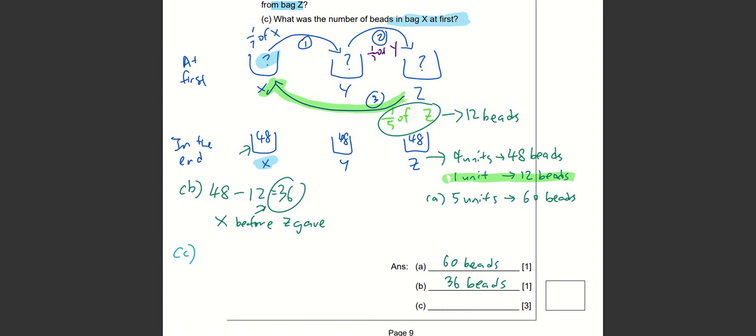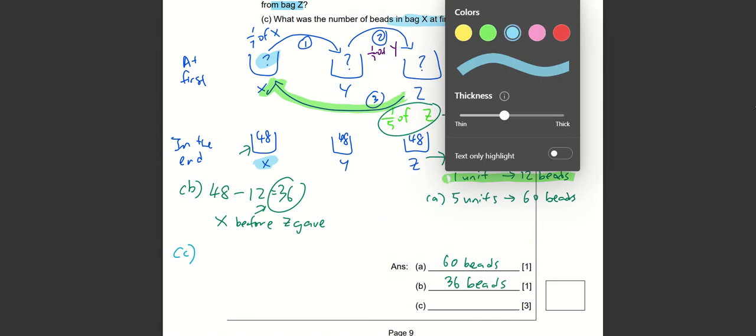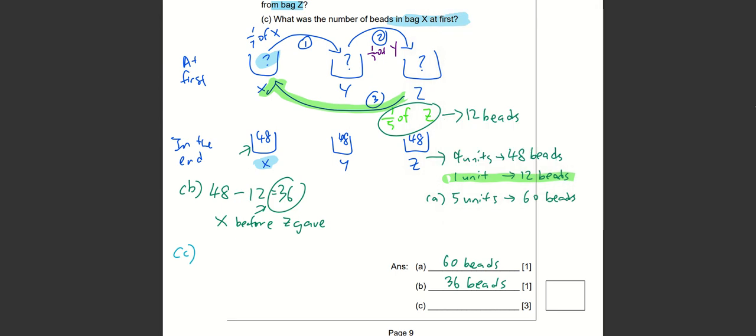Okay? Okay, so working back, I need to go back to step numbers. Let's look at these steps here. That means I need to look at this step here that was given away to Y.